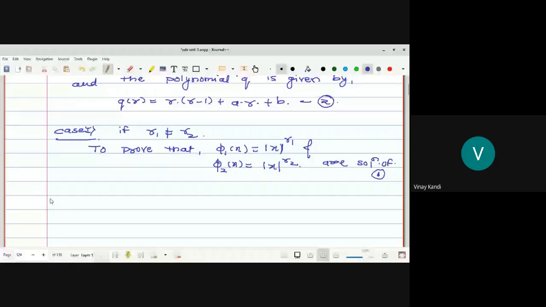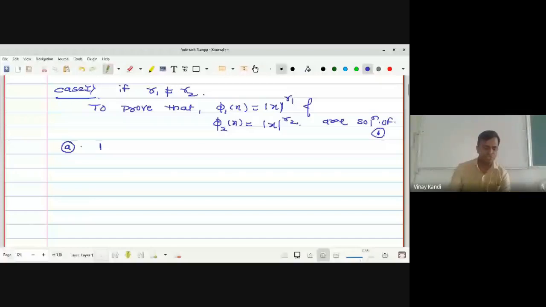The differential equation. In this case, first we consider x greater than 0, that is for the positive values of x.